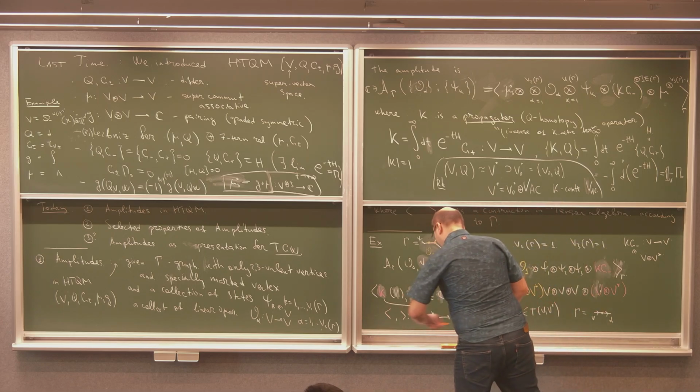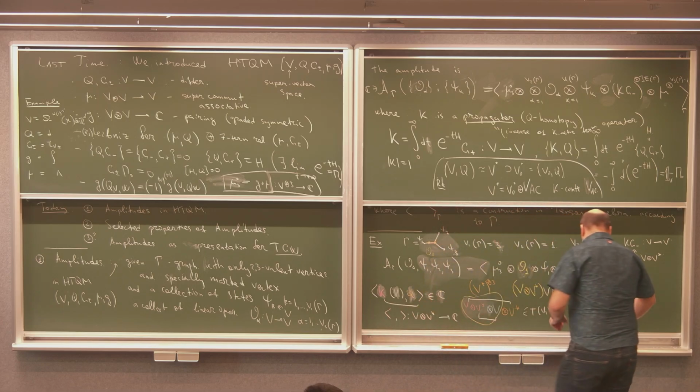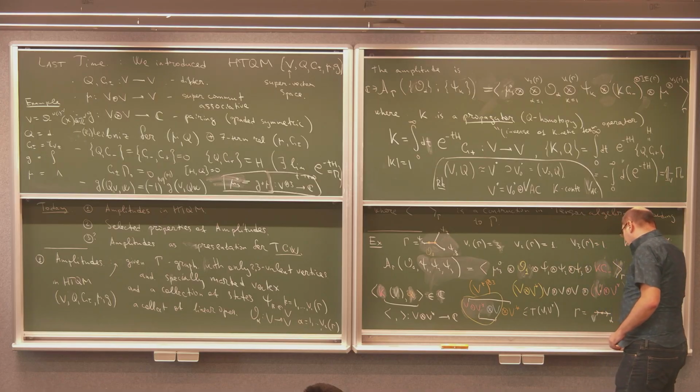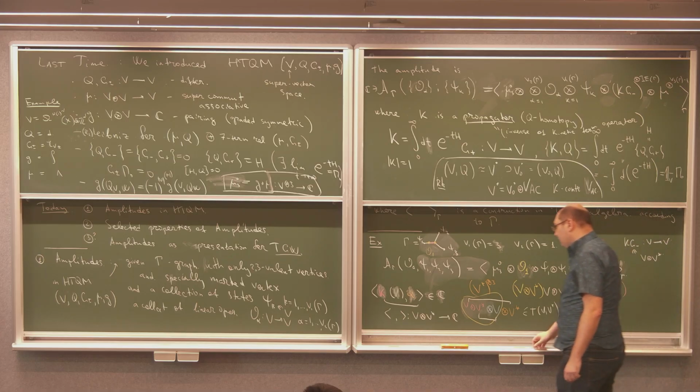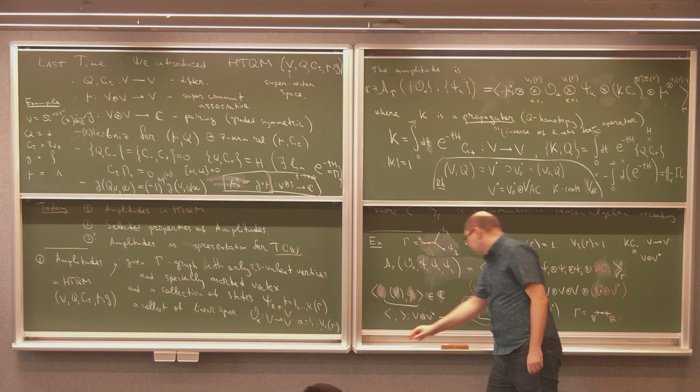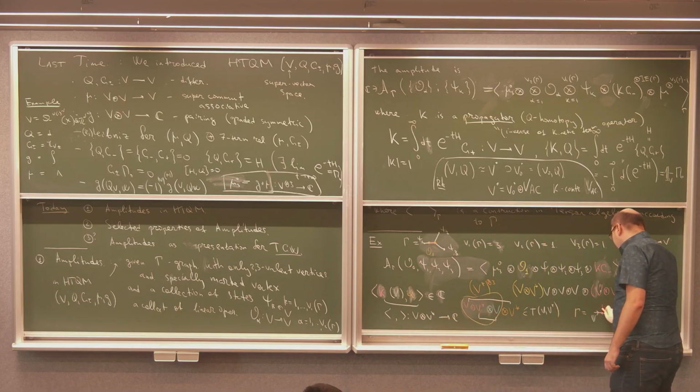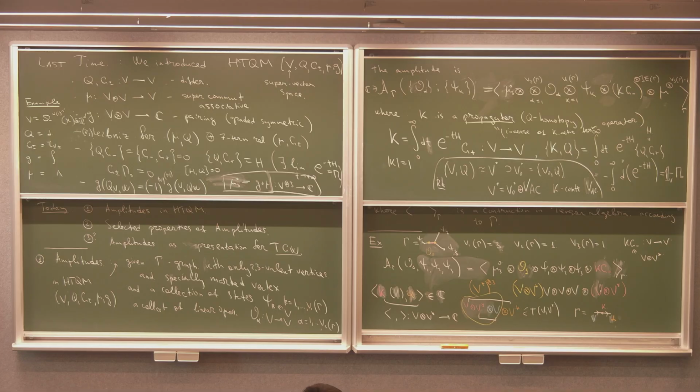Let me use the same color. We have leaf V, we have leaf alpha, and we have this red K inserted into a bivalent vertex.